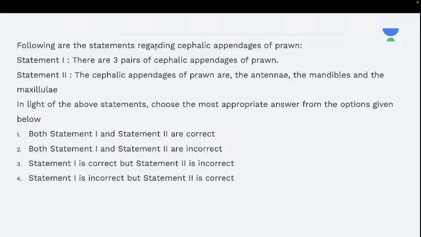Following are the statements regarding the cephalic appendages of prawn. So cephalic appendages, I hope you know, are present on the anterior region, the head.